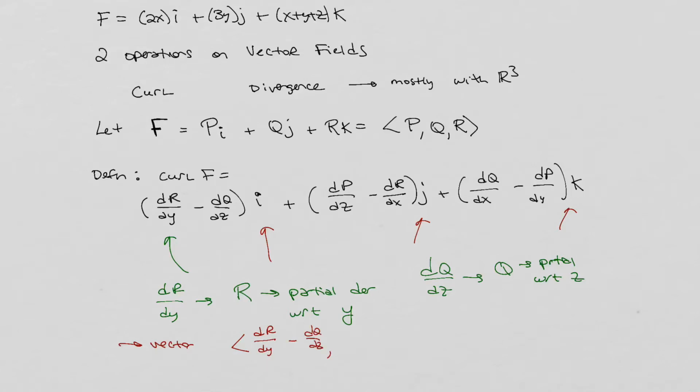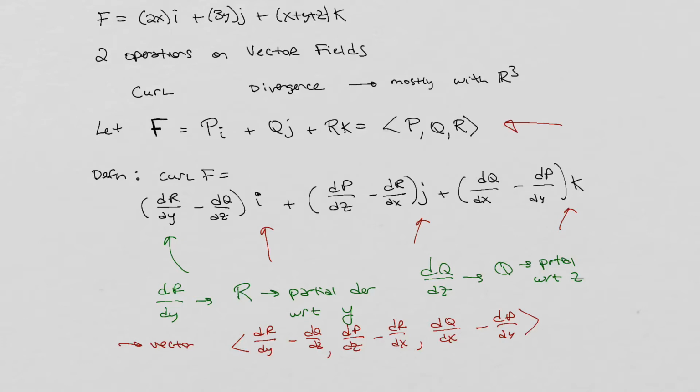The jth component has the partial of p with respect to z minus the partial of r with respect to x. And then for the kth component, the partial of q with respect to x minus the partial of p with respect to y. So I'm plugging in a vector field, in other words, a 3-dimensional vector like this, and out pops another 3-dimensional vector.